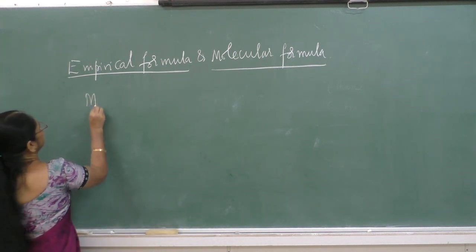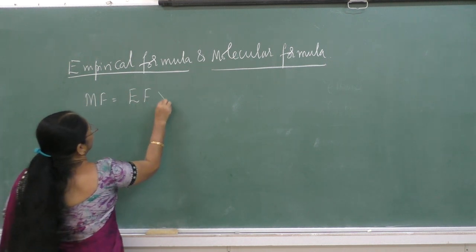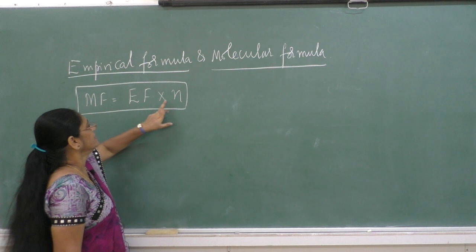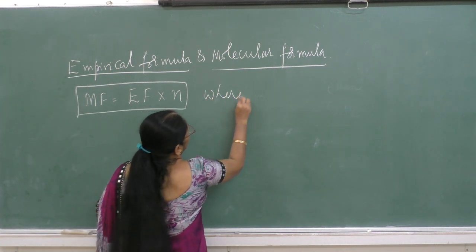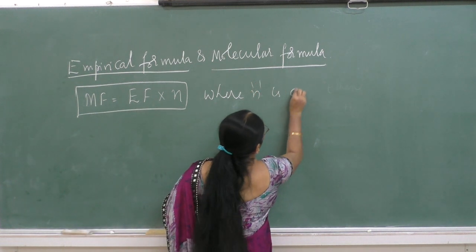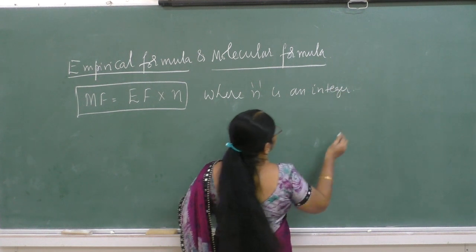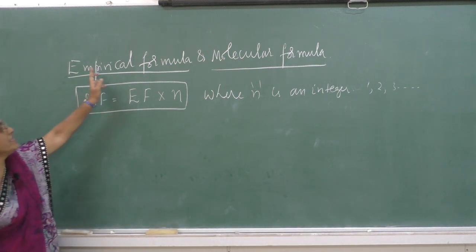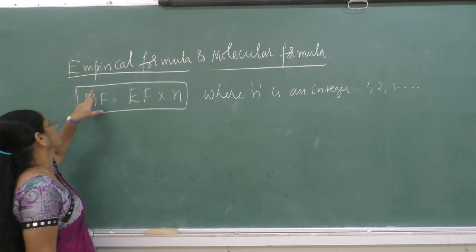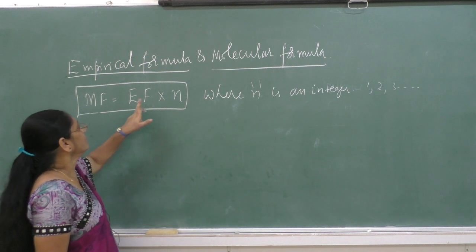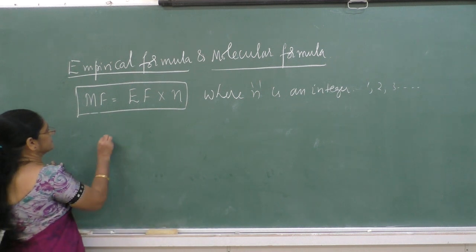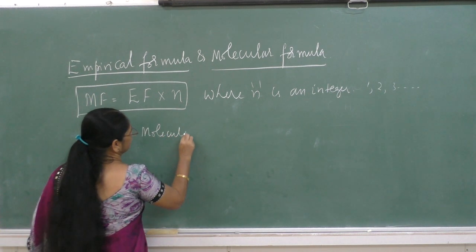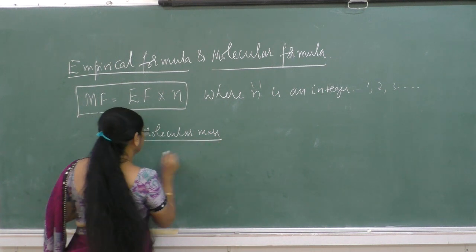Molecular formula is related to empirical formula by this equation: molecular formula is equal to empirical formula times n, where n is an integer having the values 1, 2, 3, etc. Therefore, by knowing the empirical formula, we can calculate the molecular formula.